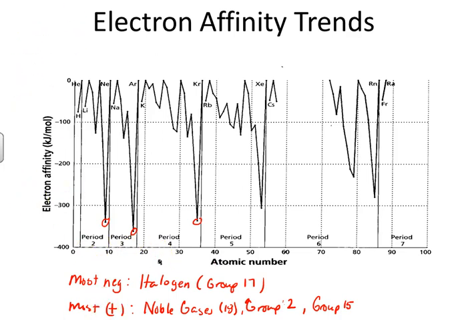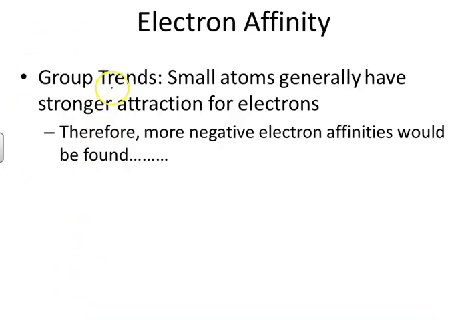Okay, so group trend: small atoms generally have stronger attraction for electrons. So we find small atoms at the top of the table.